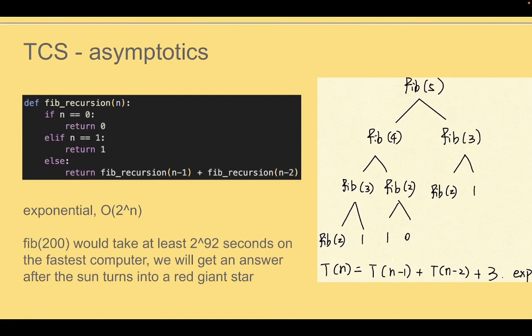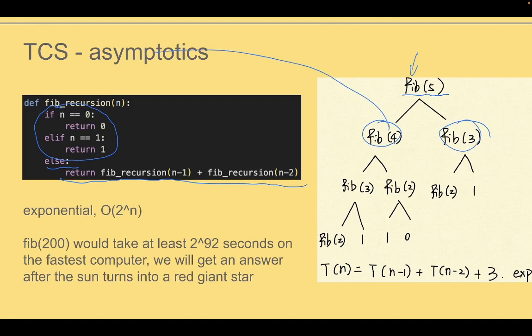I draw a recursion picture. It's a tree. So I'm calculating Fibonacci 5, and because I first encounter the if, it doesn't satisfy, so I go to else, and I return Fibonacci 4 and Fibonacci 3.